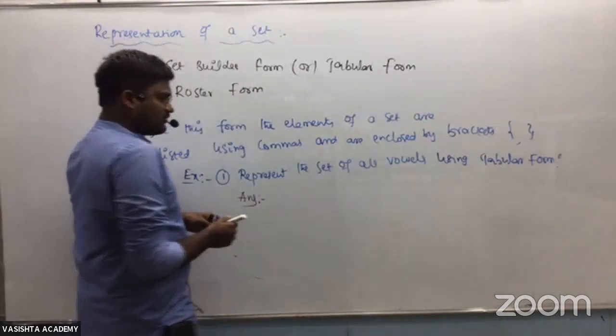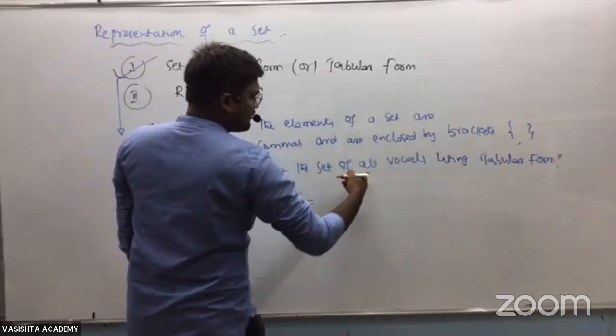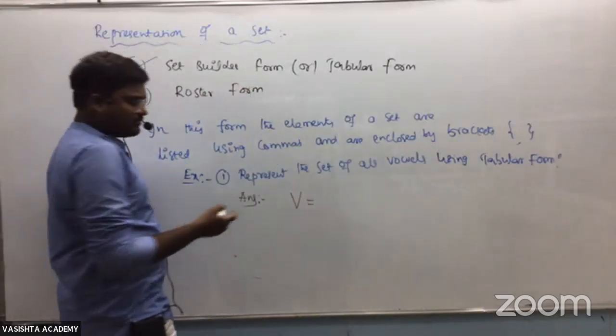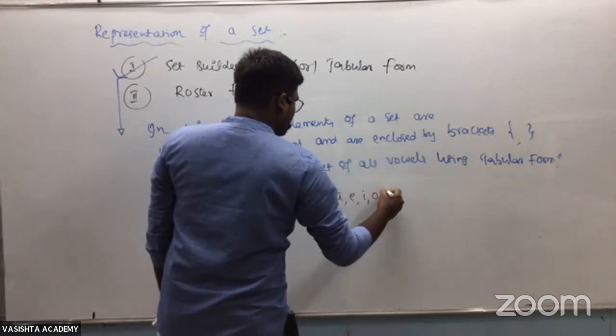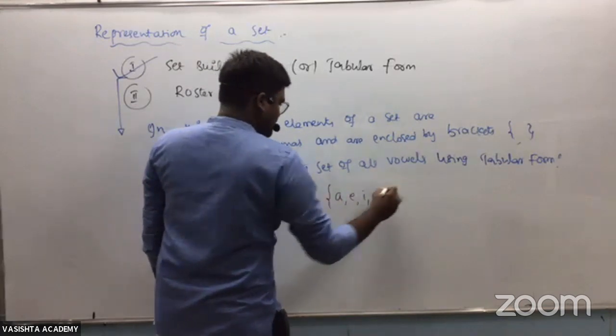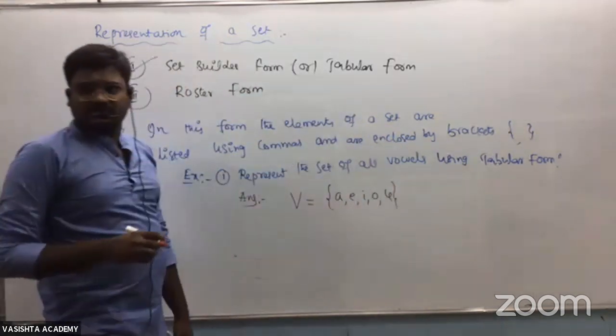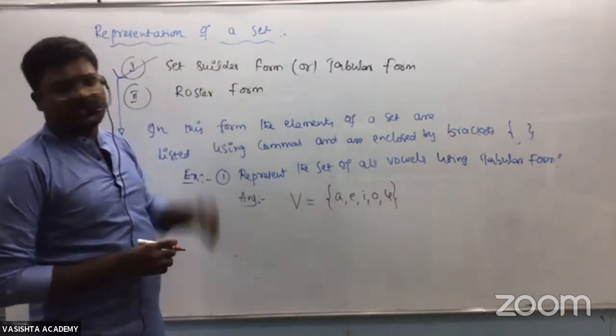Let me assume the set of vowels as V equal to. What are the vowels? A, E, I, O, U. I will write down the elements separated by commas and enclosed by brackets. This is the normal way of representation. That is called tabular form.